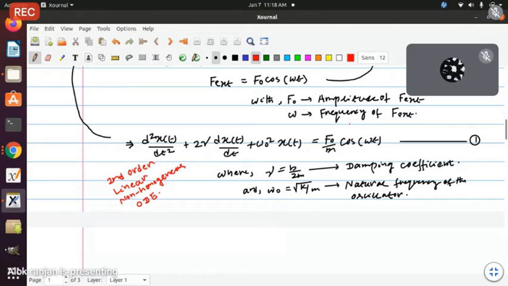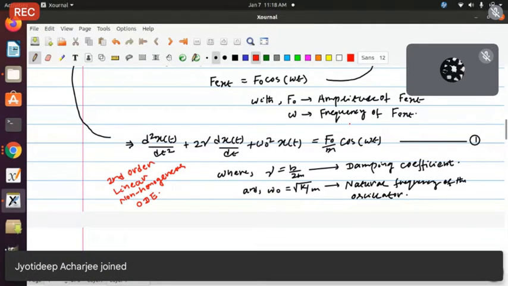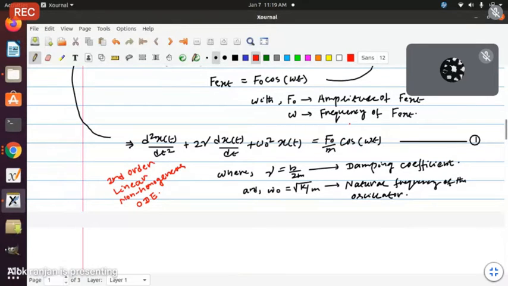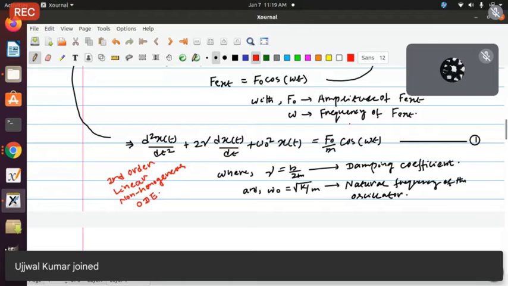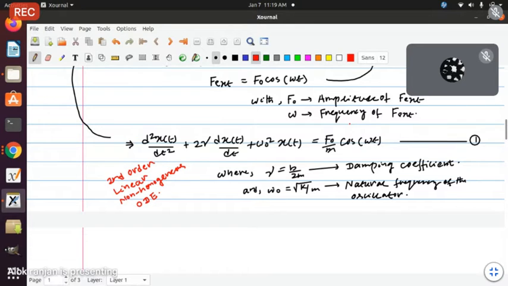This is also a differential equation, and some of you might have already come across such an equation. But do remember that it is in fact a second order ordinary differential equation, and in addition to that, it is also linear and non-homogeneous. I hope some or all of you know linear, homogeneous, and non-homogeneous.